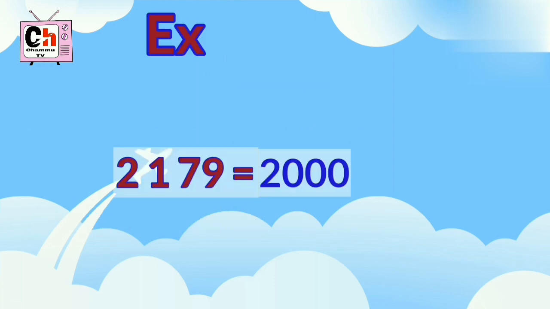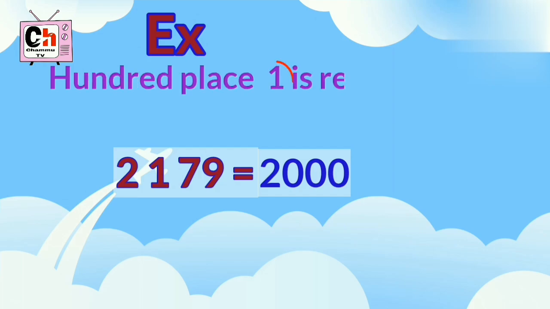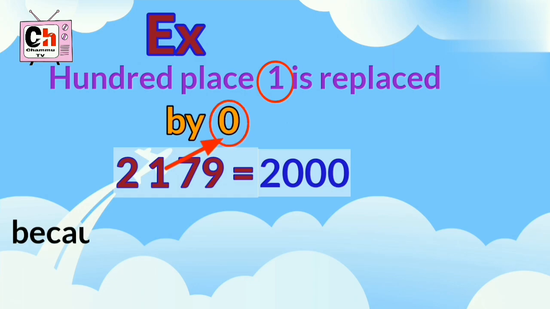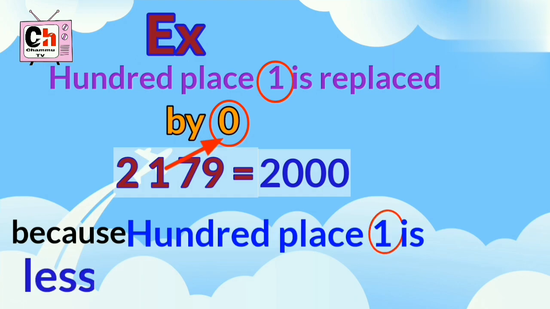For example, 2179 equals 2000. 100 place 1 is replaced by 0 because 100 place 1 is less than 5.